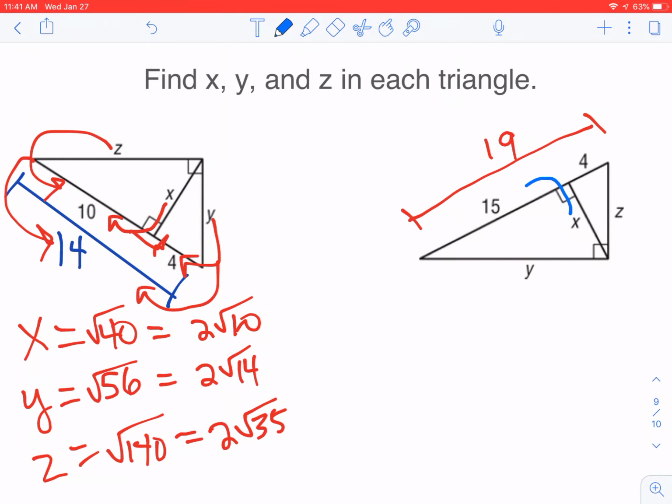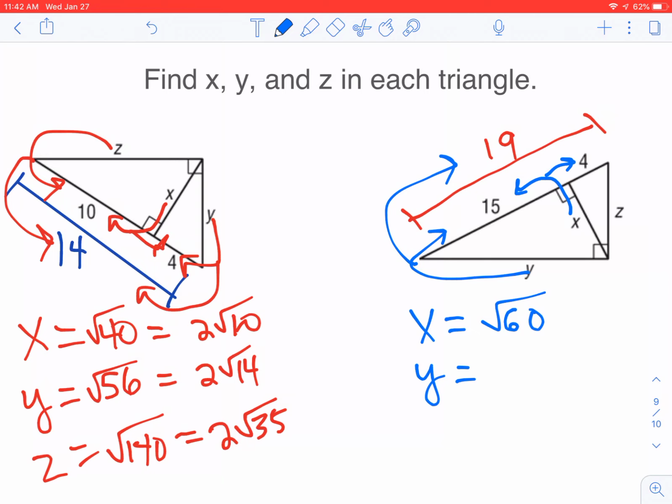I'll start with x. I'm going to take a turn and a turn. X will equal the square root of 60, because that's 15 times 4. Y will equal, type in my calculator, I don't know that answer, 15 times 19, and that's going to be root 285. And you're actually going to find you cannot simplify that one. Z is going to be 4.